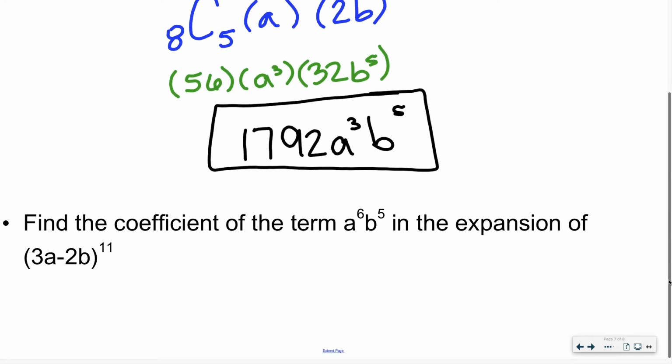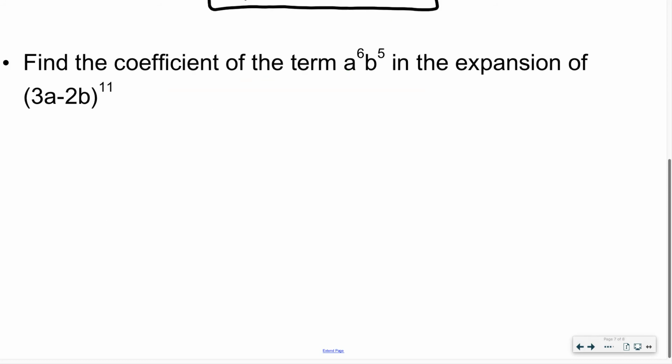All right, I'm going to have you set up this problem for me. Write it down so when you look back, you know what you did. I want the coefficient for a to the 6th, b to the 5th.